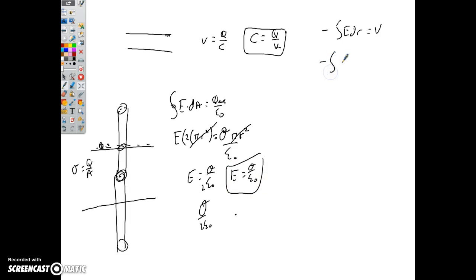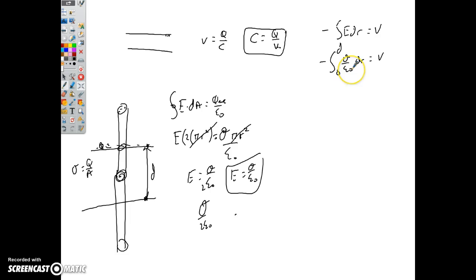So I'm going to go ahead and plug this in. I go integral from... Now, where would I start? I would start from one plate to get to another plate to figure out what the voltage between the two plates is, which is what we're talking about when we talk about a capacitor. So that would be from, say, 0 to distance D. Our constant electric field, sigma over E naught, dr equals V. Now that's a constant, right?